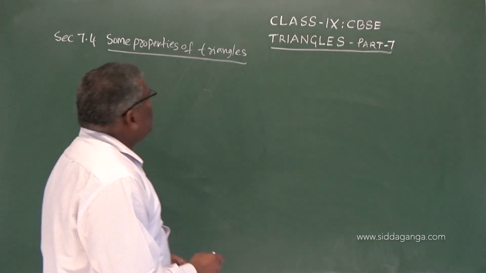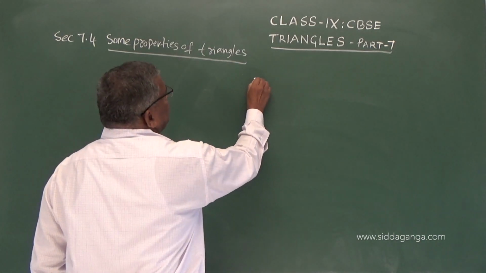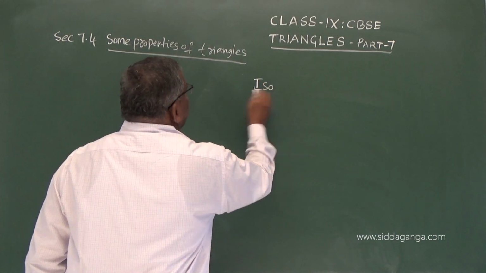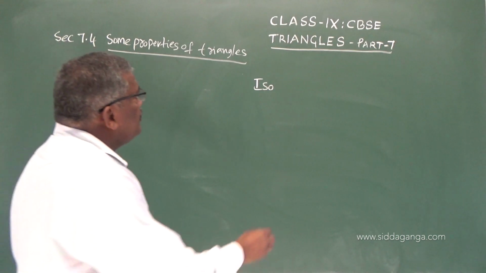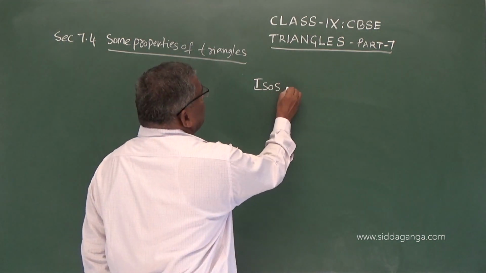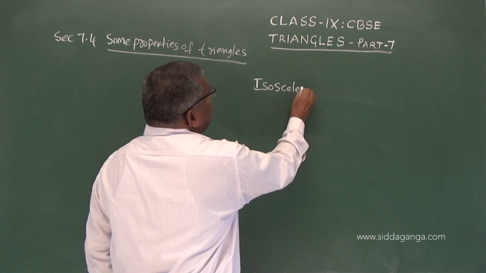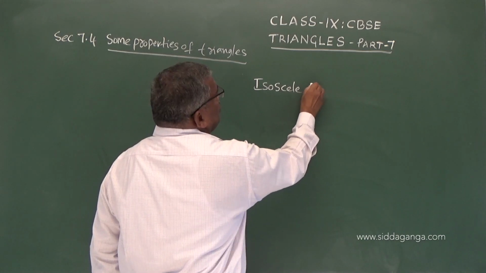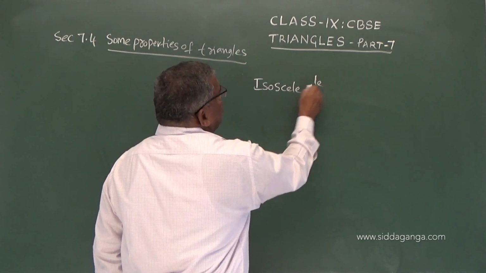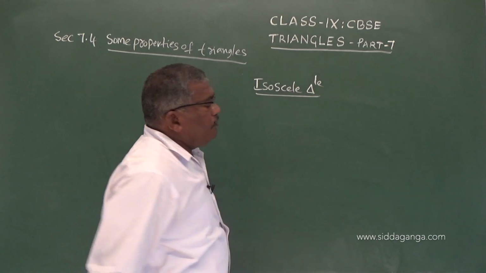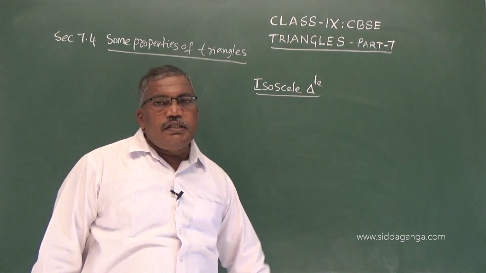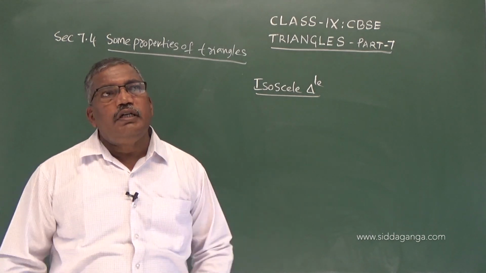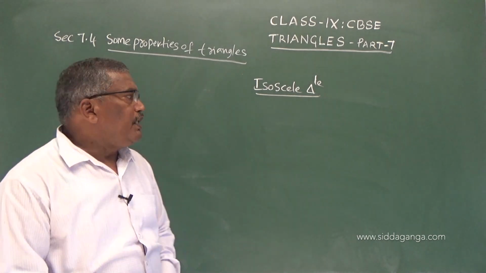So now we are studying one of the properties of an isosceles triangle. So let us draw an isosceles triangle. Two sides are equal.